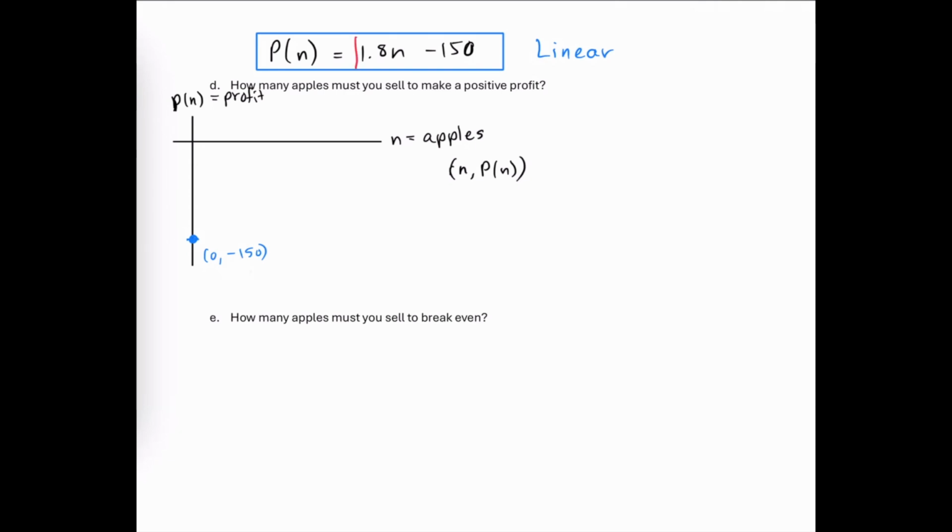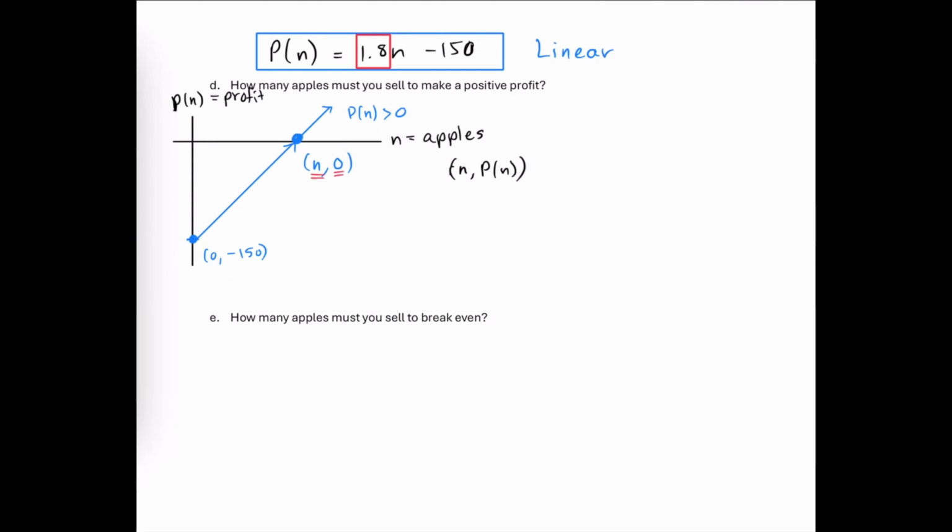So from here we have a 1.8 slope, and in this concept drawing it doesn't have to be perfect. Let's just indicate a positive slope here, and what we're interested in is this point on our graph, which is going to give us the number of apples needed to get to a 0 profit, and then beyond that the profit is going to be positive. So we need to find this number n.